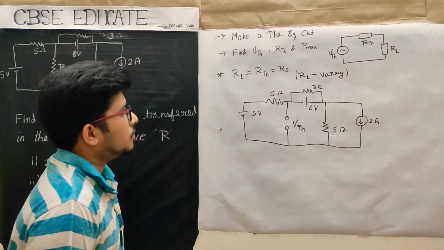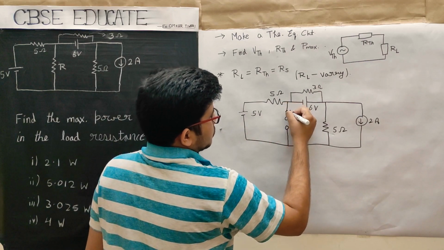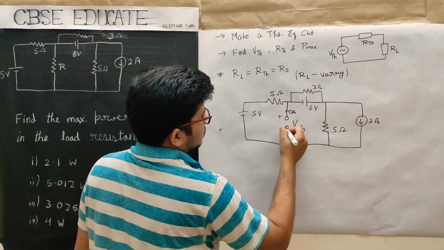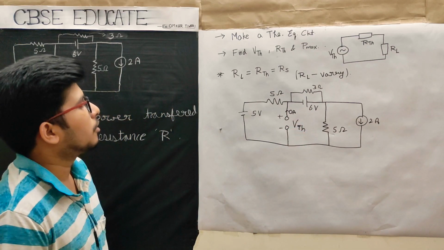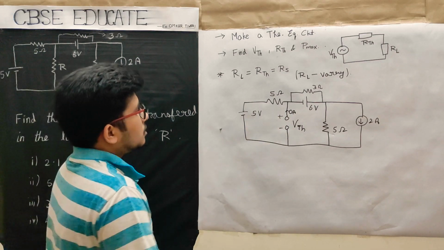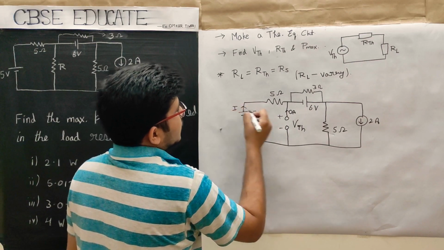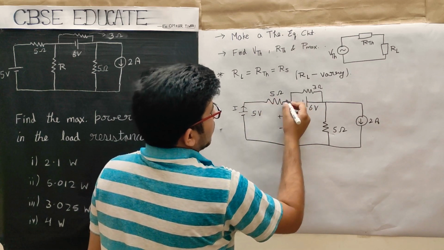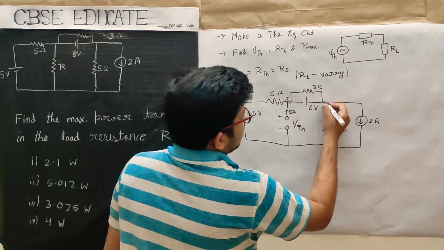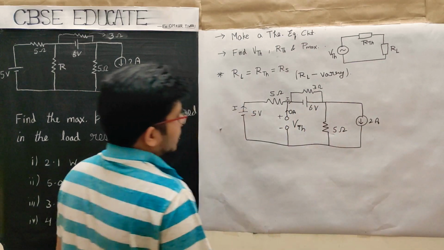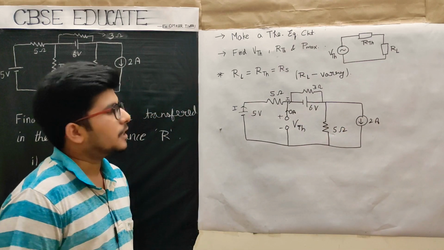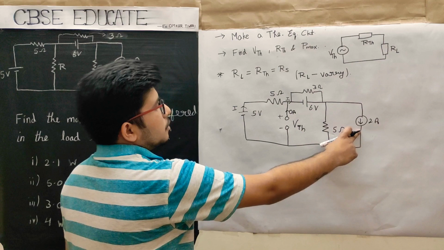Now this is VTH, so there is no current in that direction, and suppose I take this as positive and this as negative. You can also consider this as positive and this as negative. Now suppose the current in this direction is I. So I amount of current flows through the 5 ohm, and the same will be here. Now you can see the 5 ohm resistance and the 2 ampere current source are in parallel, so you can convert this into a voltage source.